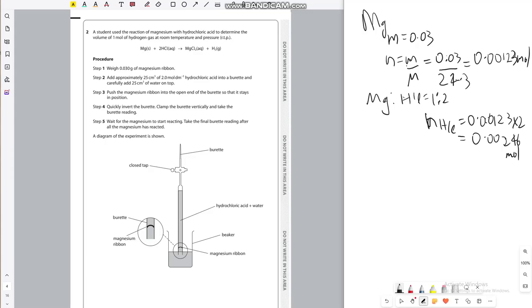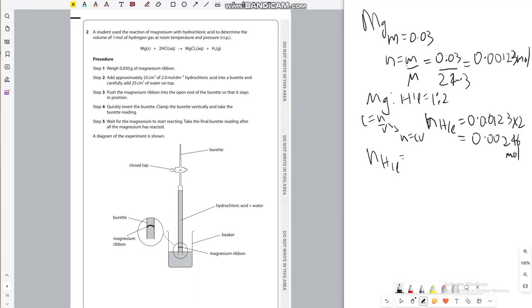They say in the question 25 centimeter cube of 2 mole per decimeter cube hydrochloric acid is carefully added, and carefully add 25 centimeter cube of water on top. So if I find the number of moles of hydrochloric acid added, C equals n over V, so n equals CV.